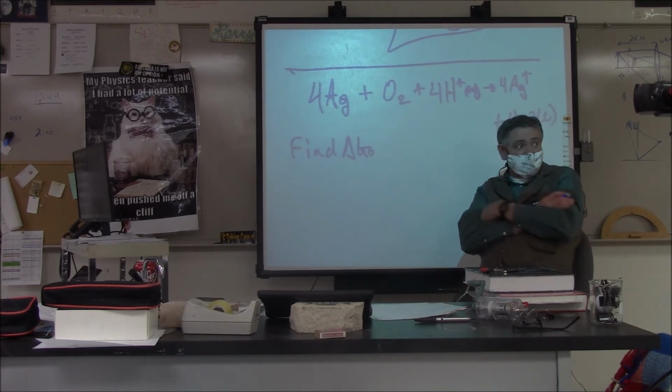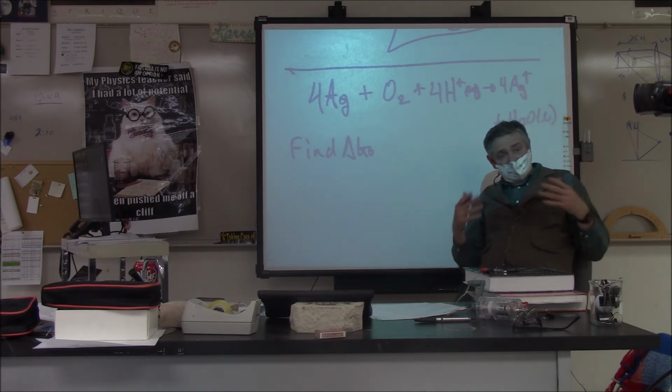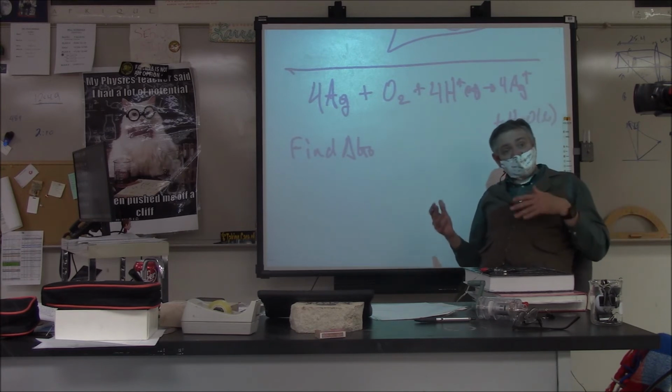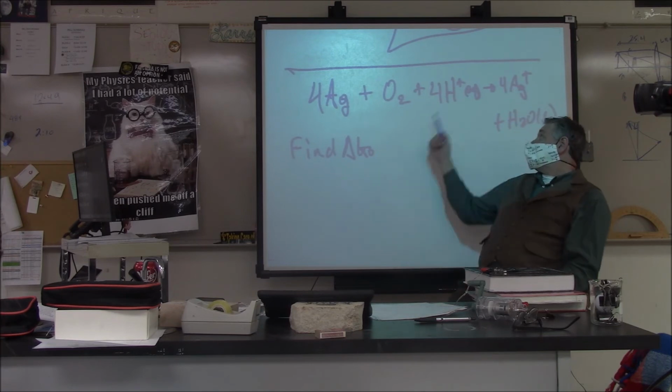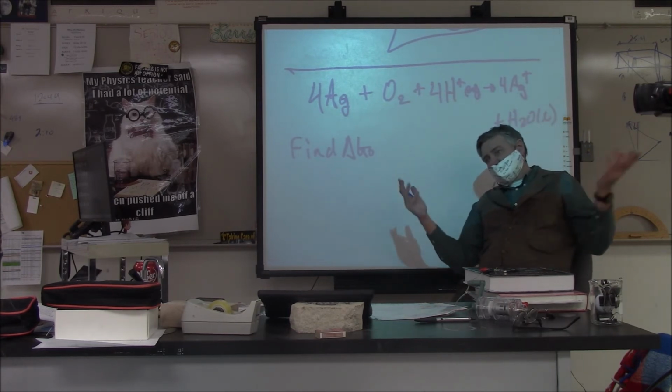So I'd have to have some source of oxygen gas, maybe from a container, maybe from the decomposition of hydrogen peroxide. But I'd have to have something that's generating oxygen gas that I could bubble in. How can I get a bunch of hydronium ions? Yeah, add nitric acid, sulfuric acid, something like that.